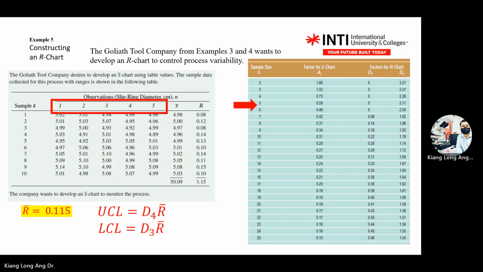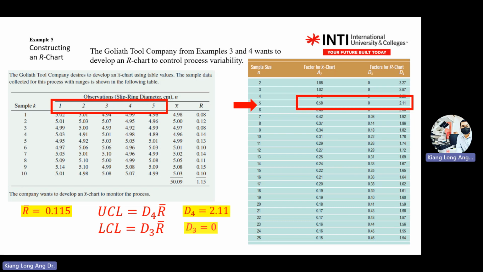D3 is 0, D4 is 2 point something. So you plug into this equation. Your LCL is 0, because the D3 value from the table is 0. 0 multiplied by anything becomes 0. But the ULC is double your average, 2 point something.